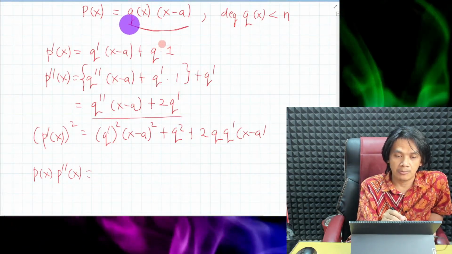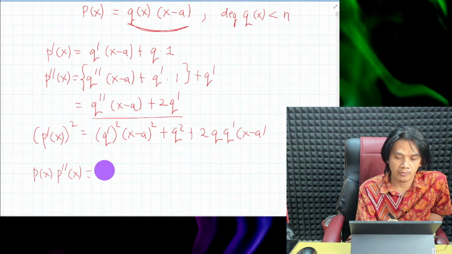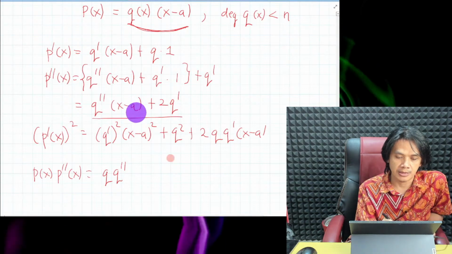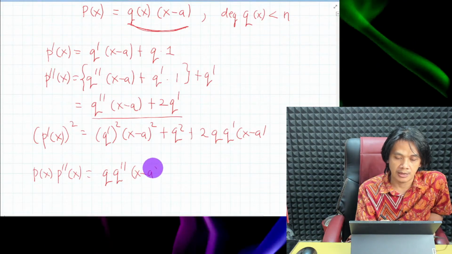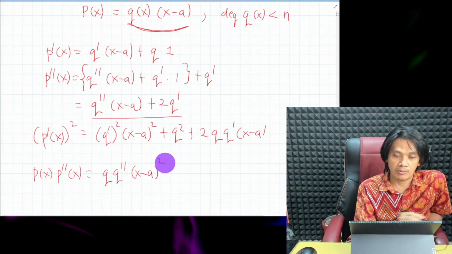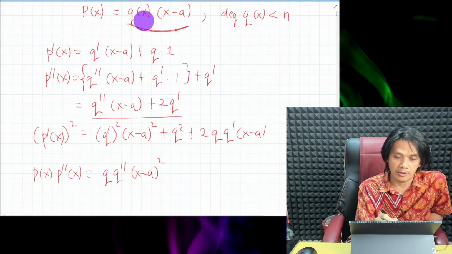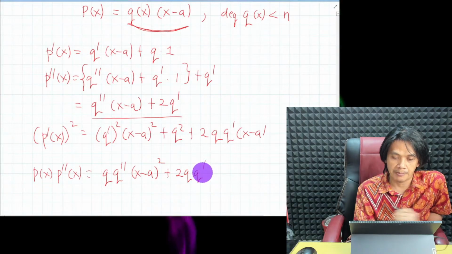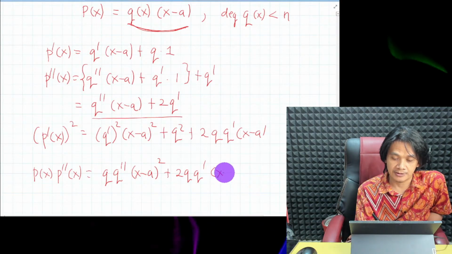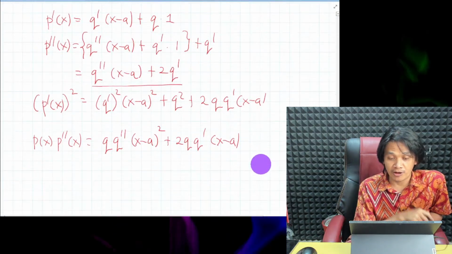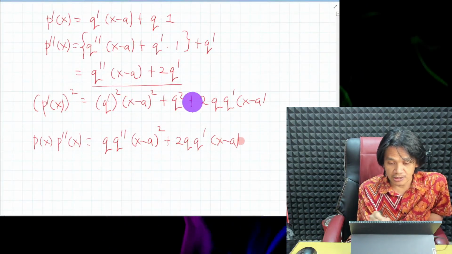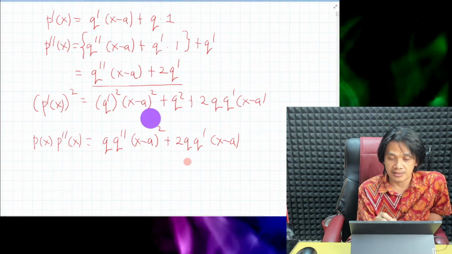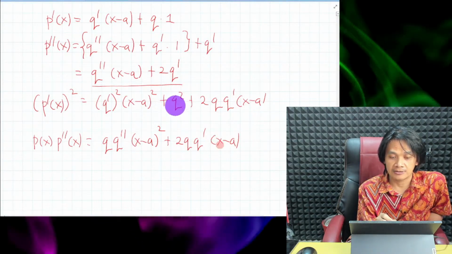Multiply this with the first term, we will have q double prime, and there are two x minus a, so it's going to be x minus a squared, and then we multiply this guy with this guy, plus 2q prime x minus a. So if we compare these two expressions, they are similar, right? The only difference is this factor.